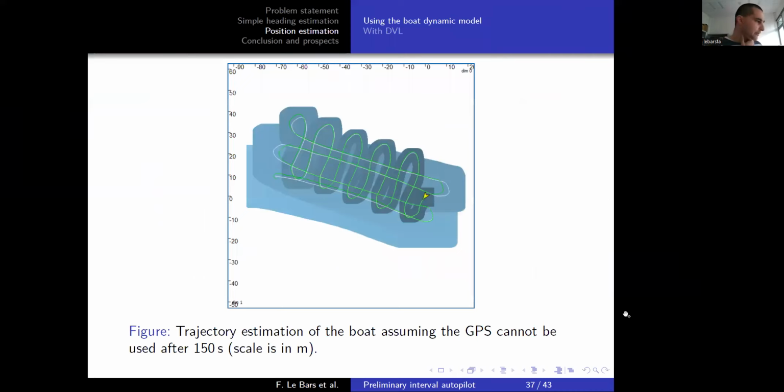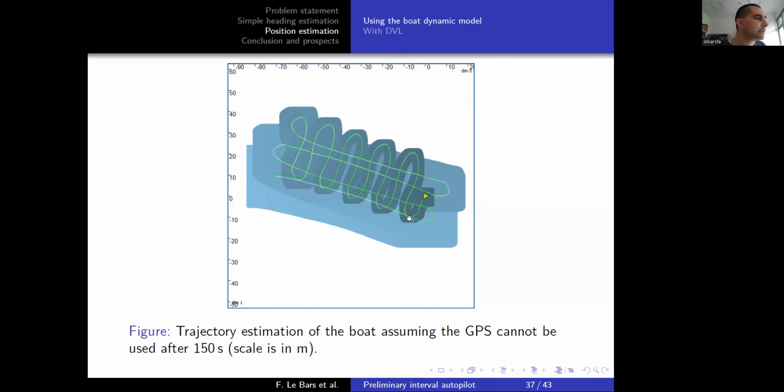So if we try to estimate the position of the robot on an experiment similar to the one we made with a real robot, we can get this with the assumption that we had the GPS position in the beginning of the experiment.